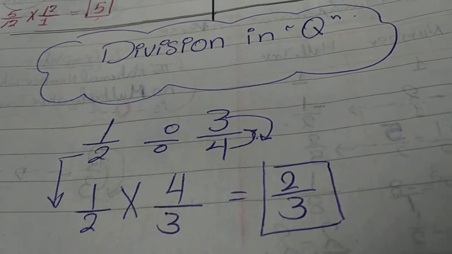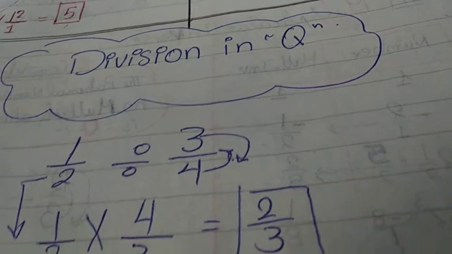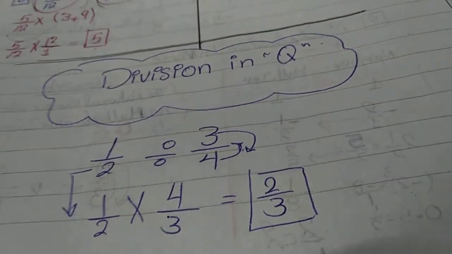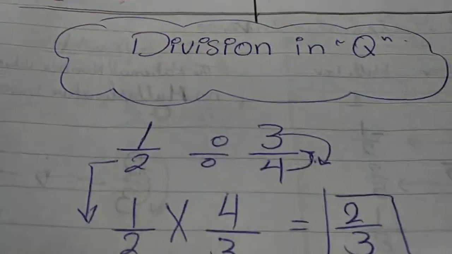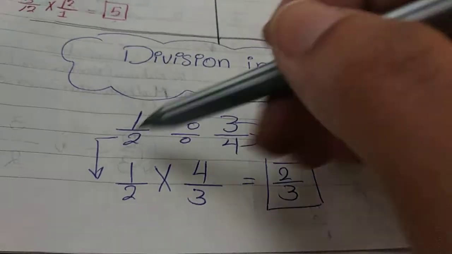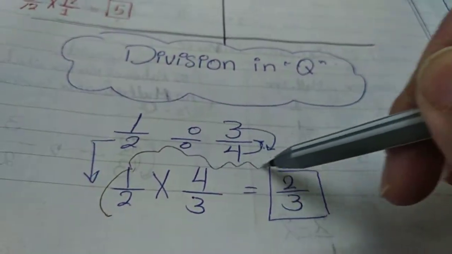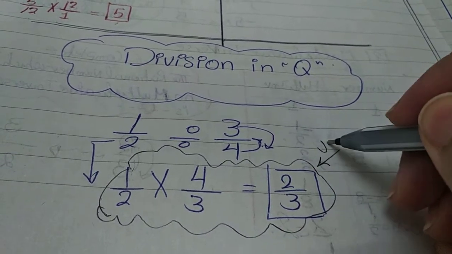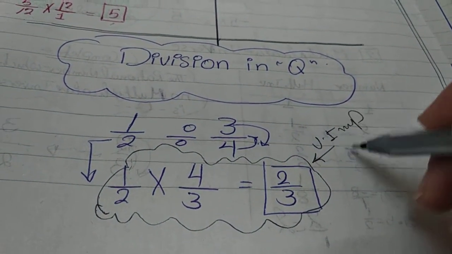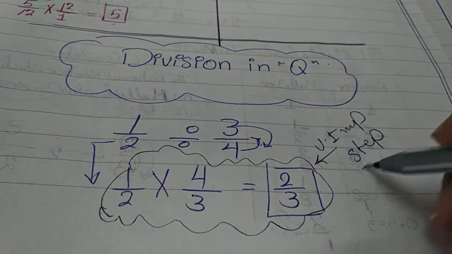The division sign doesn't work like with fractions. So what shall I do? I will write the first fraction. This is the very important step. You must write it, okay? This is a very important step and you must write this step.